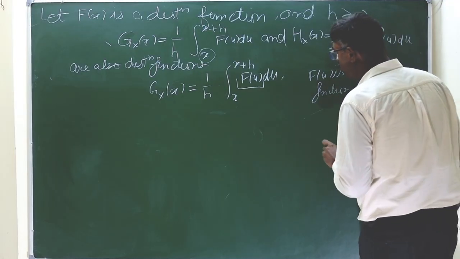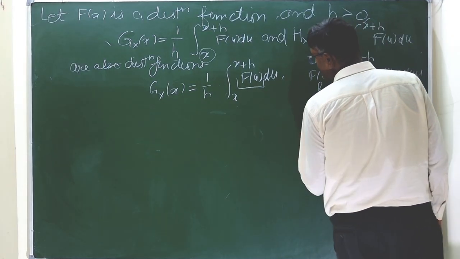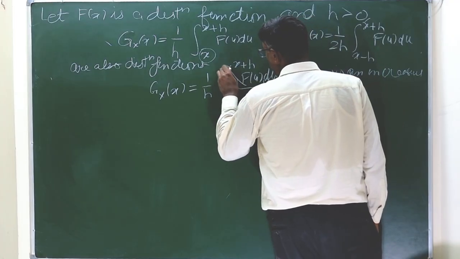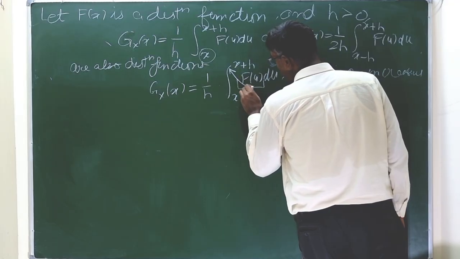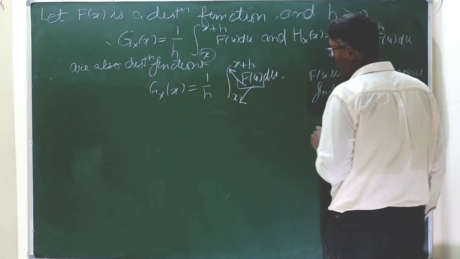So what we will do in the first instance, we will take f(u) to its upper limit, and then in the second instance we will take it to the lower limit.